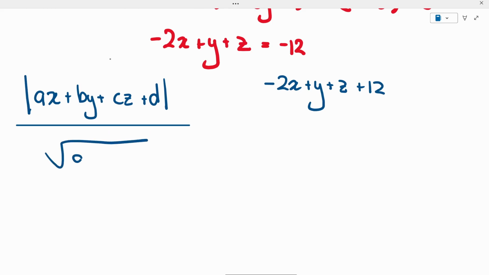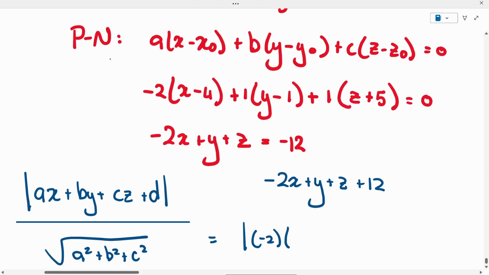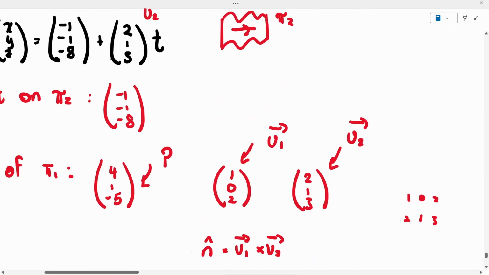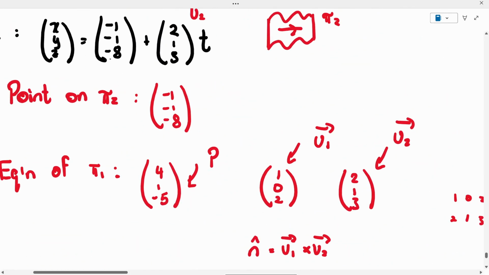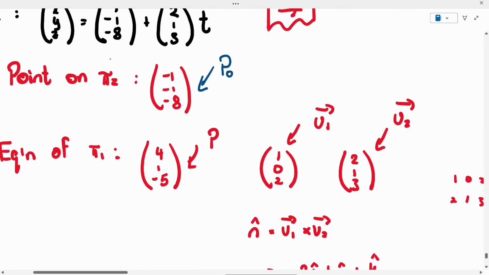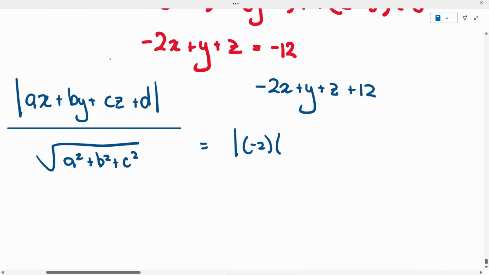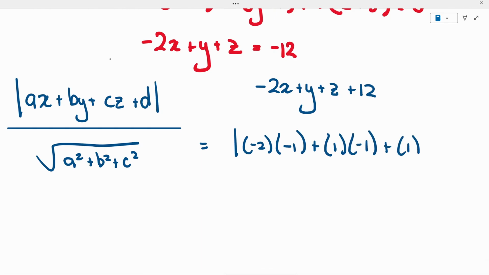Over the square root of a squared plus b squared plus c squared, because we want the distance. So a is minus 2. What is x? X is our point on P2. And so now we use this, right? Minus 2 times minus 1 plus 1 times minus 1 plus 1 times minus 8 plus 12.